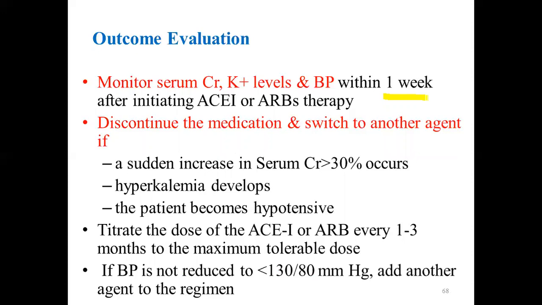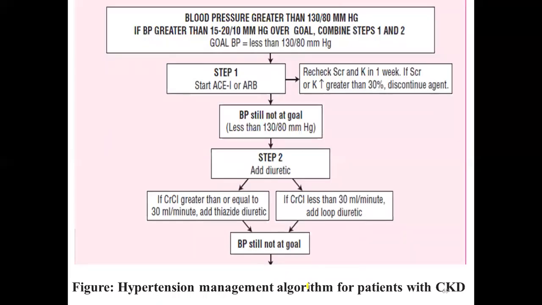You need to discontinue the medication and switch to another agent if there is a sudden increase in serum creatinine, hyperkalemia, or if the patient becomes hypotensive. In such a scenario, we hold the treatment. If the target BP is not achieved, we need to add another agent, and mostly thiazide diuretics are commonly recommended.